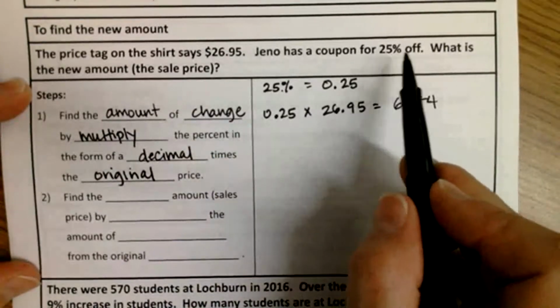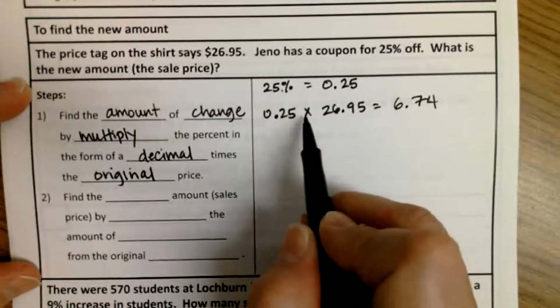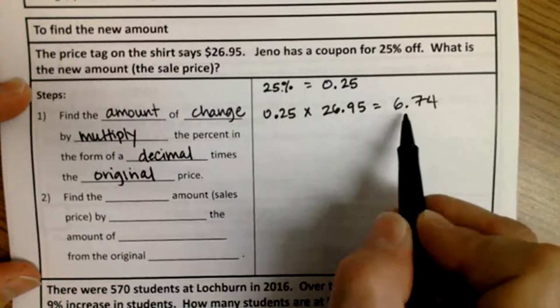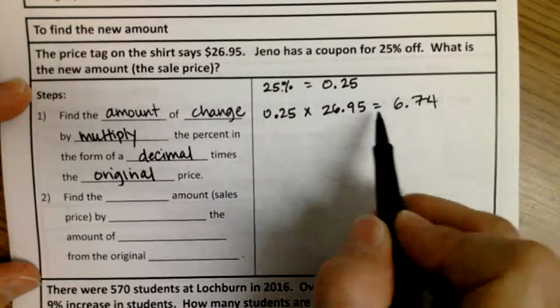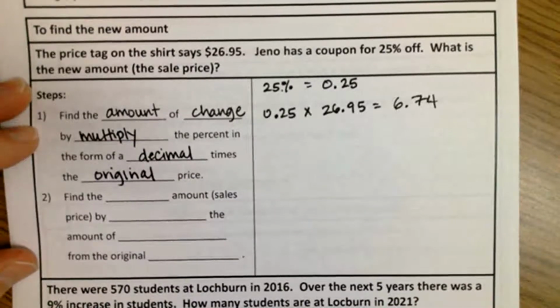Because remember, we have 25% off. And we just figured out what is 25% of $26.95. Well, 25% is $6.74. So that's what we're going to take off of the price of the shirt to find the new price.